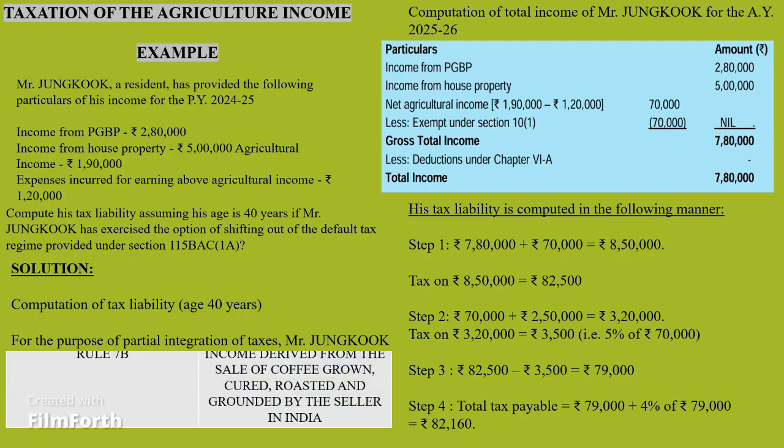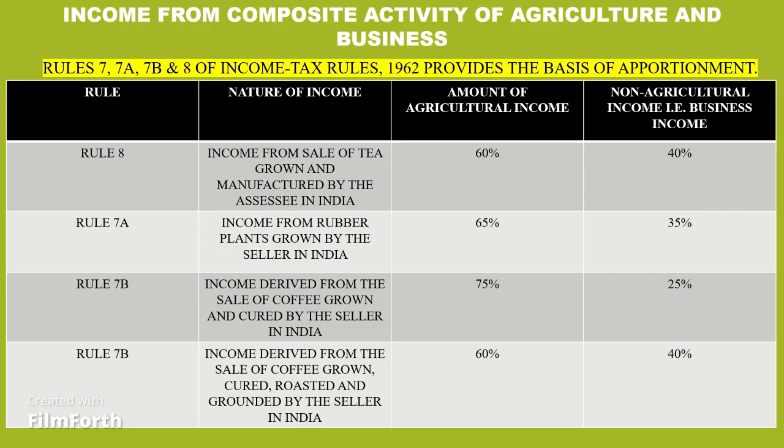Income from rubber plants grown by the seller in India. Amount of agricultural income 65%. Non-agricultural income, that is business income, 35%.